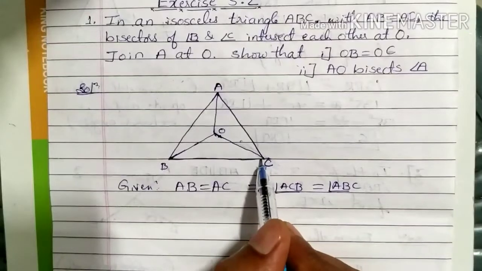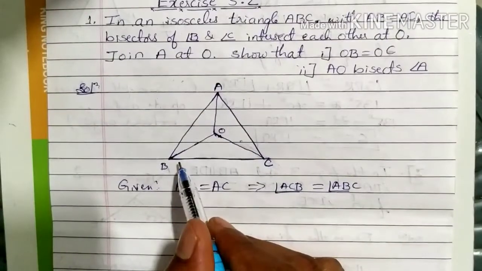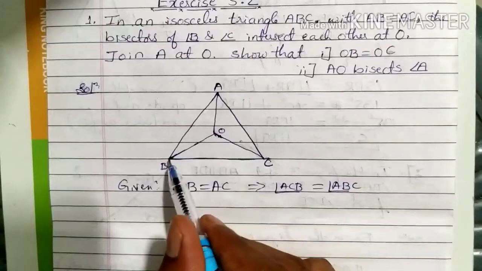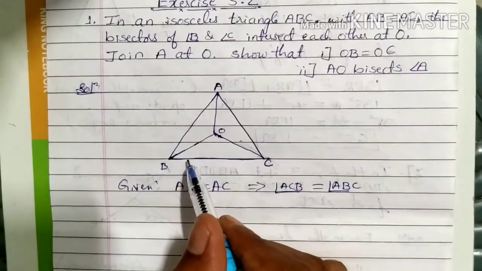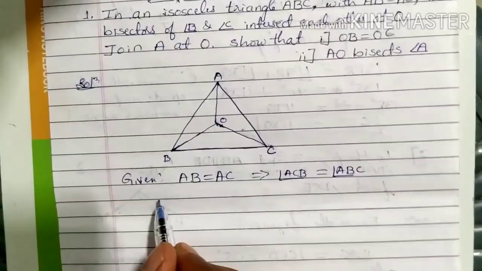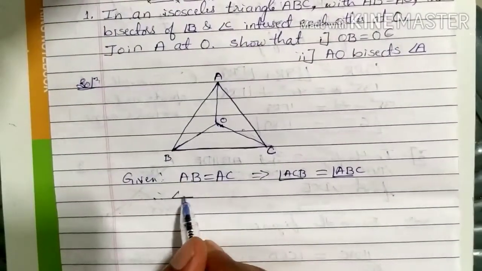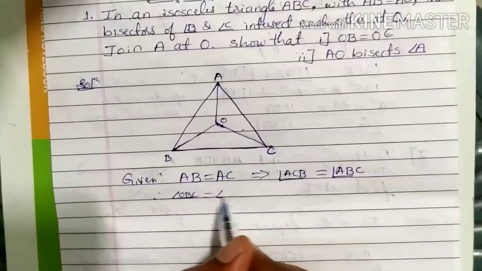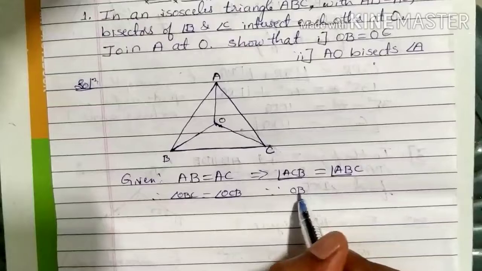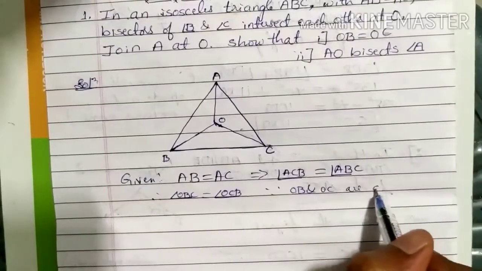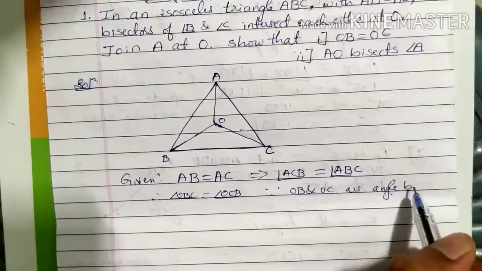OC is also a bisector, so these two angles are also 30 and 30 and therefore equal. So angle OBC is equal to angle OCB, because OB and OC are angle bisectors.